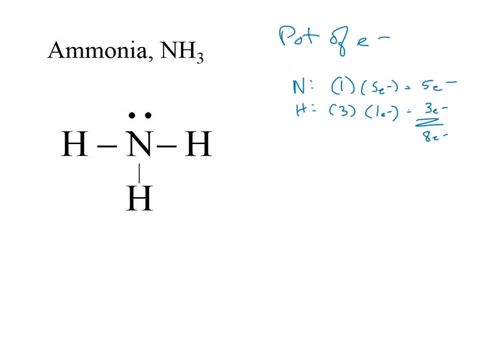So in a way, like I said, I'm kind of reverse engineering this. Those 8 electrons need to be distributed on the Lewis structure. So let's see if we do have 8 electrons here. It's looking pretty good. I see 2 electrons for each one of these sigma bonds, covalent sigma bonds. And then I see 2 electrons here. So that's my pot of 8 electrons. That's one check.